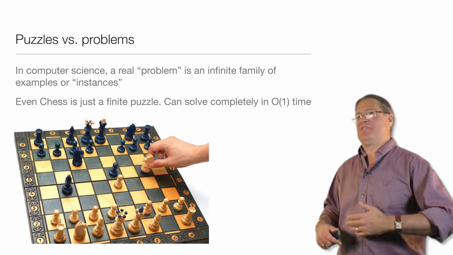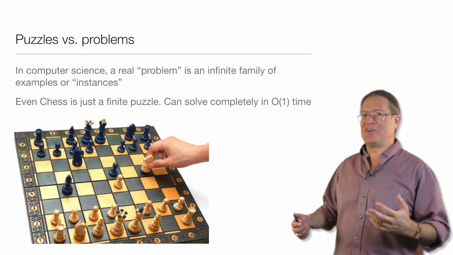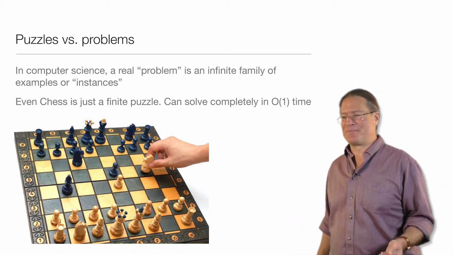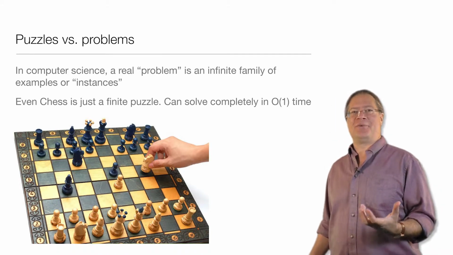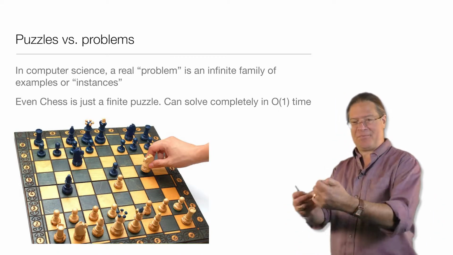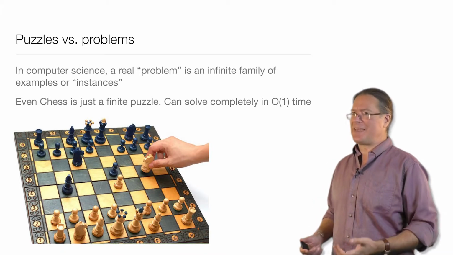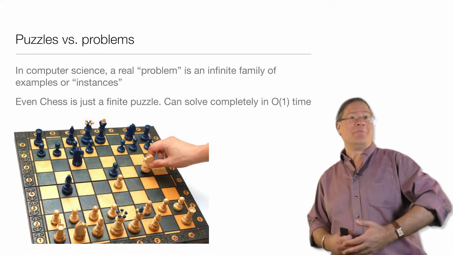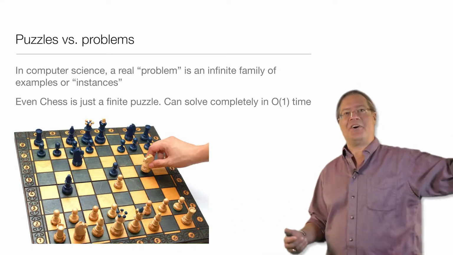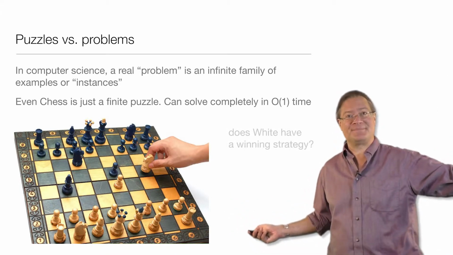You can solve chess completely in order one time. What in the world does that mean? Well, there is an astronomical number of different positions that the chess pieces could be in on the board, and yet it is only a finite number. So there could be a book the size of the galaxy that tells you what to do in every situation.